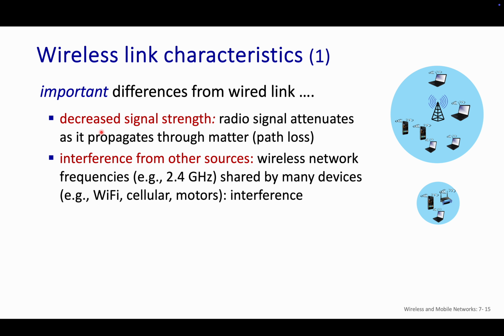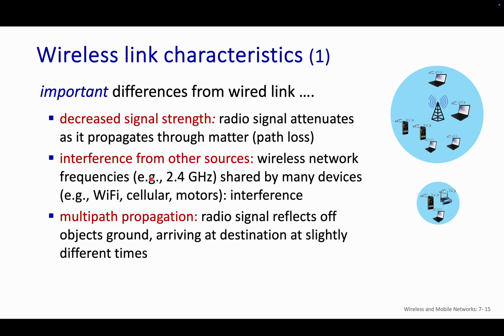If you're using 2.4 gigahertz and you run your microwave, if you're on the right channel of Wi-Fi, and you have a cheap microwave, it actually might disrupt your communication because it's interfering with your Wi-Fi. There are some other weird ones, like motors, which sometimes, when they run, radiate out interference at certain frequencies that can interfere with your wireless communication. So now we have to deal with other interference sources.